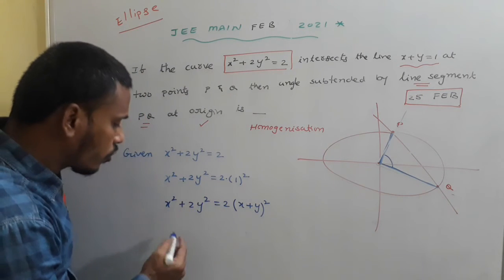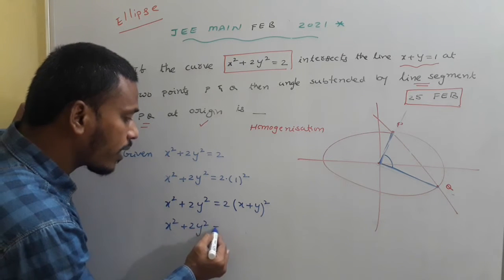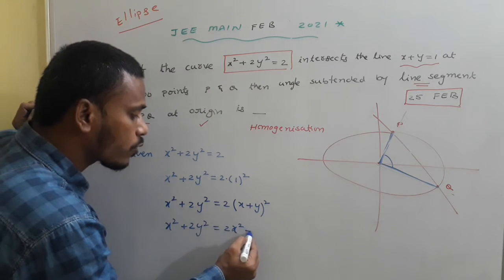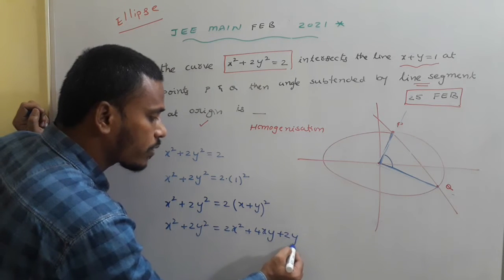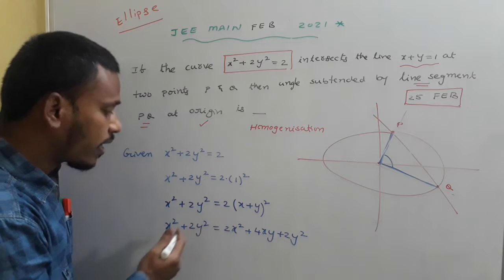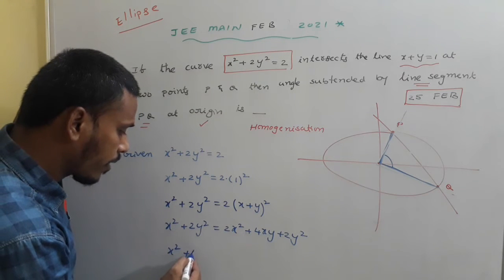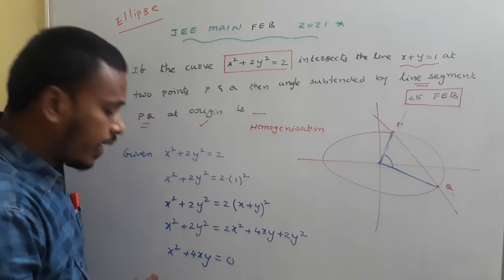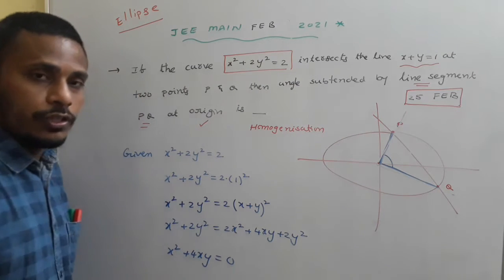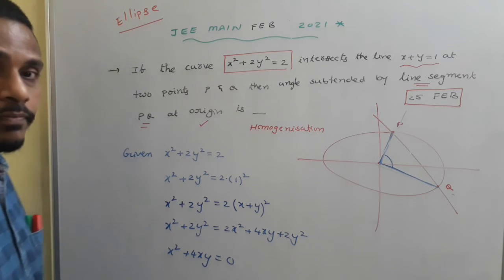Now just try to simplify this. x square plus 2y square is equal to 2x square plus 4xy plus 2y square. Cancel everything and send everything to one side. x square plus 4xy is equal to 0. That's it. So x square plus 4xy is equal to 0 means what?